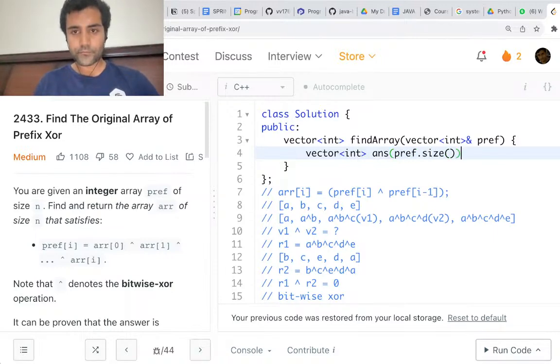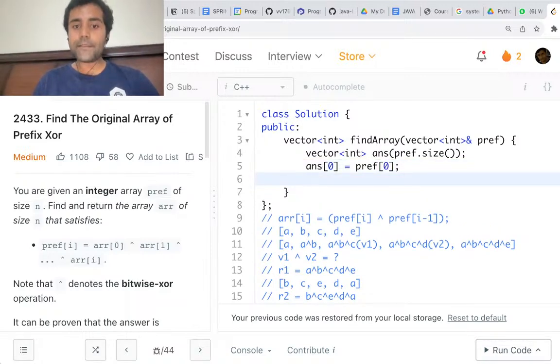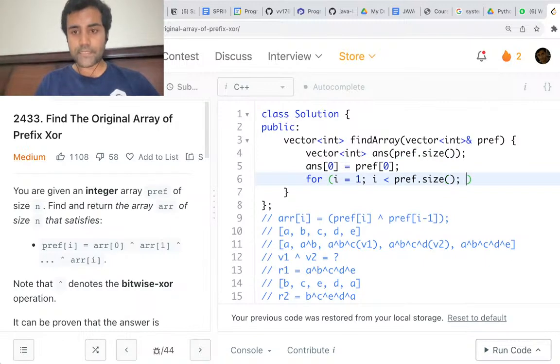Okay, and then I can clearly say that answer of 0 is going to be prefix of 0, the first element itself. Now for all the remaining elements, from index 1 till index n minus 1, I am going to use the expression that I have written below.